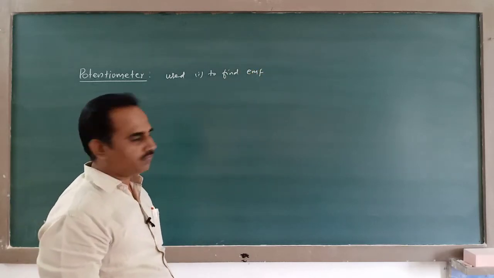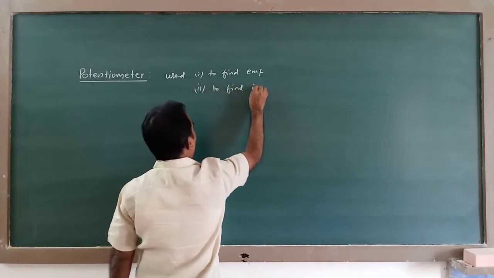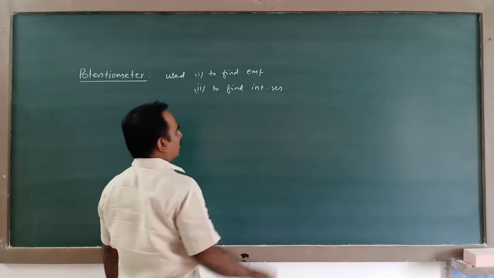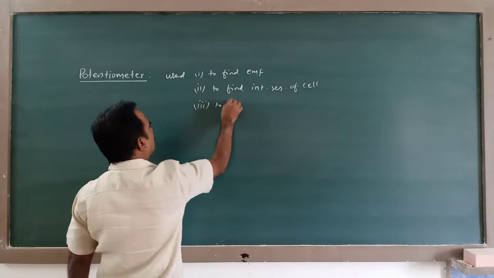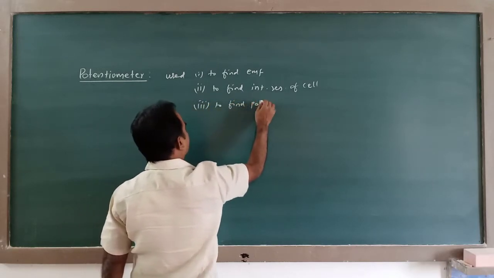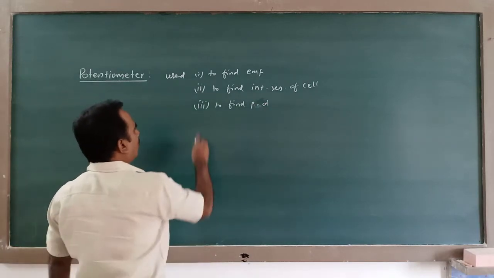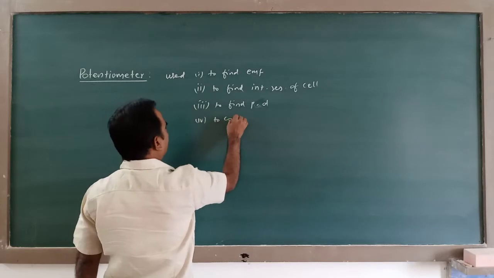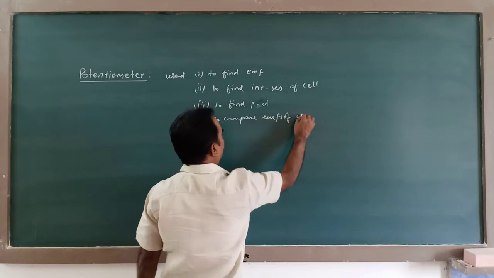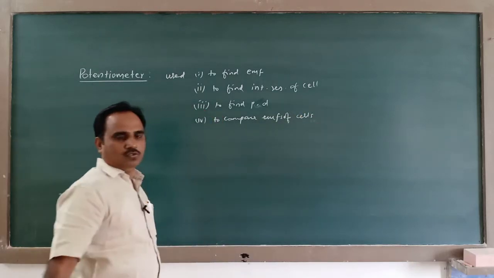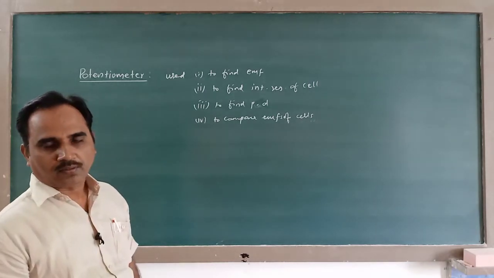It is used to find the internal resistance of a cell, and it is used to find potential difference between 2 points in a conductor, and also it is used to compare EMFs of cells. So for all these purposes, you can use a potentiometer.